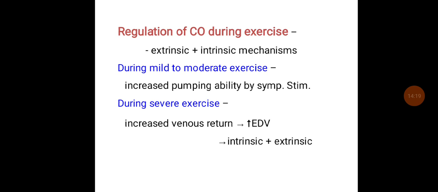Okay. So regulation of cardiac output during exercise, both the mechanisms, extrinsic as well as intrinsic, help in improving the cardiac output.